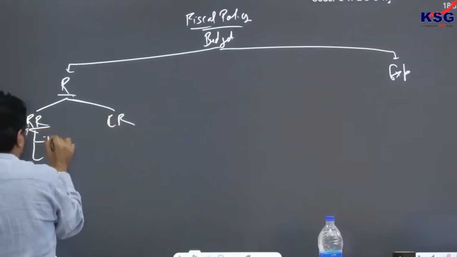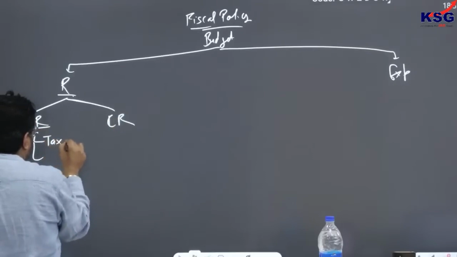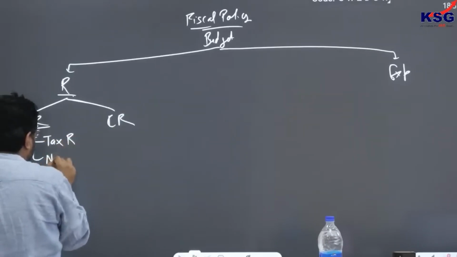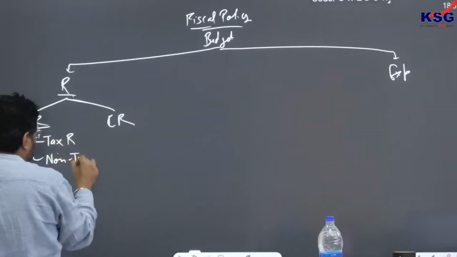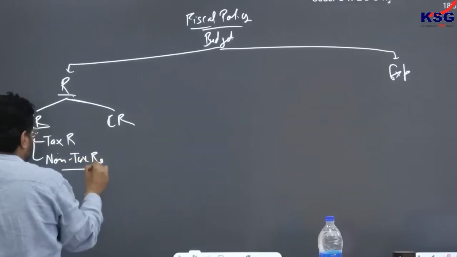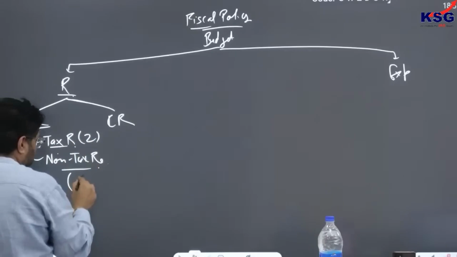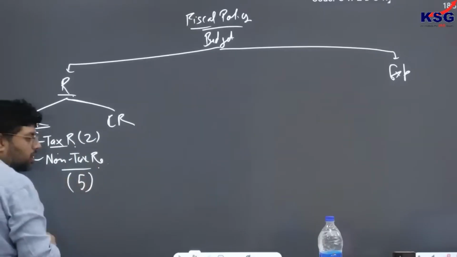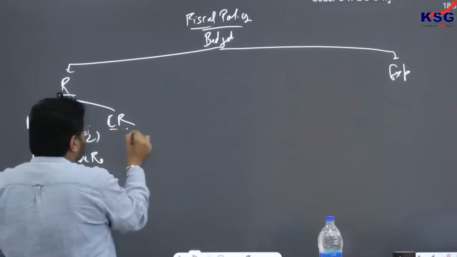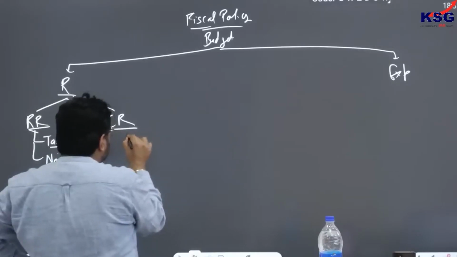Here you will see tax revenue and non-tax revenue. So ultimately here two items are there. Here you will see 5 items. So you can remember in this way. In capital receipt there are again 3 items.